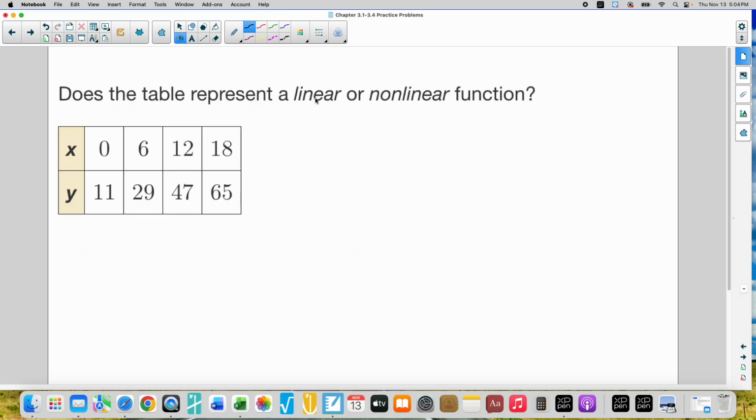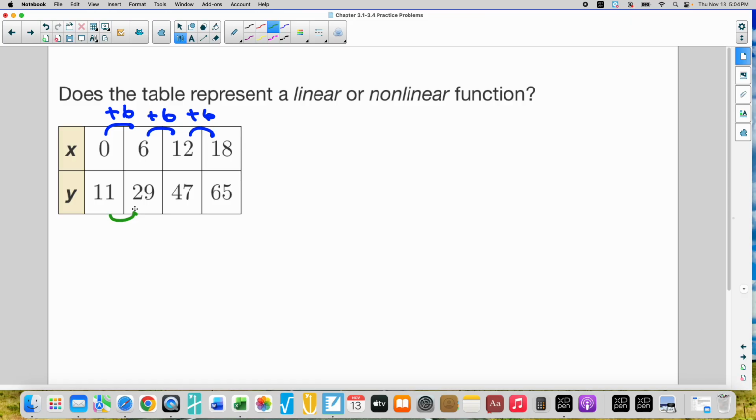Does the table represent a linear or nonlinear function? So when you're given a table, you check and see what am I increasing by? That's +6. That's +6. That's +6.